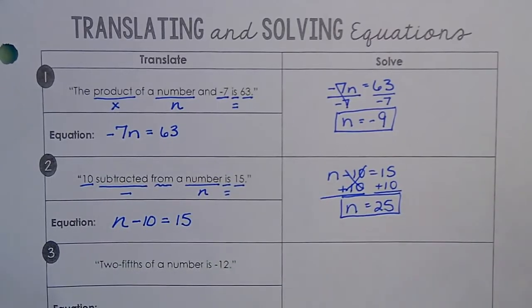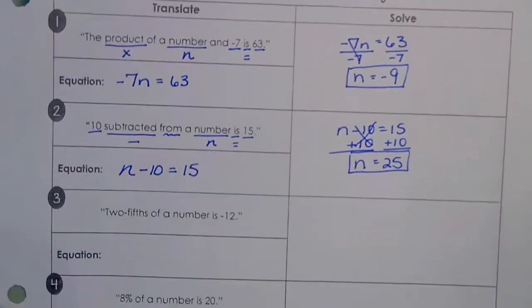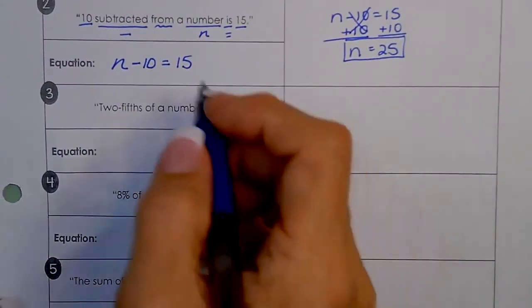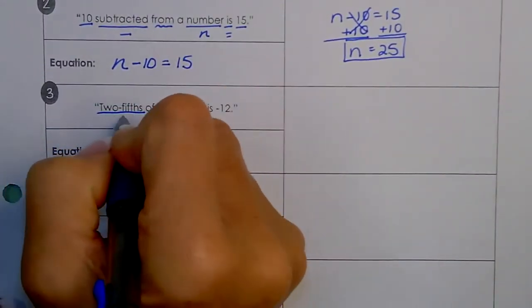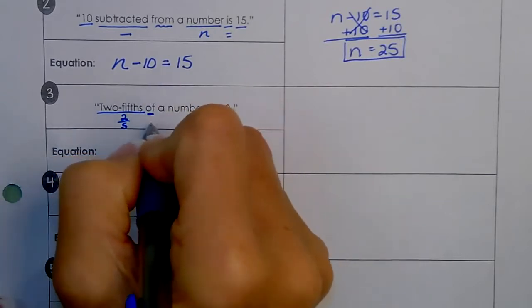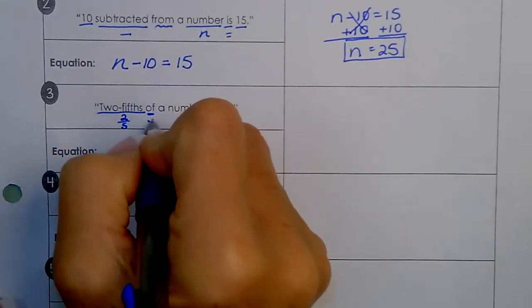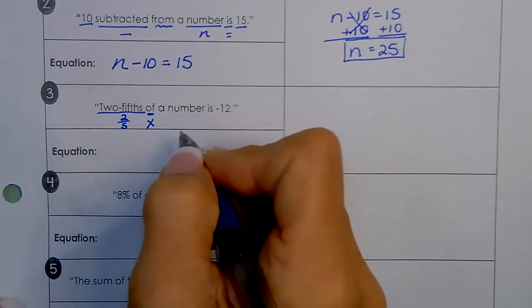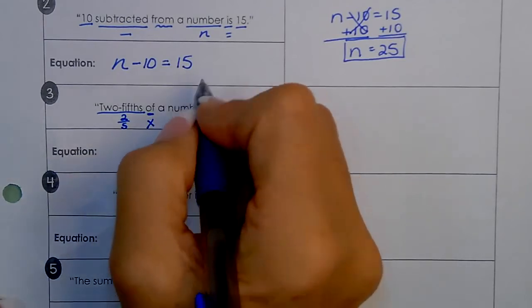Number three, 2/5 of a number is -12. So 2/5 of a number. Of means multiplication when you're translating.